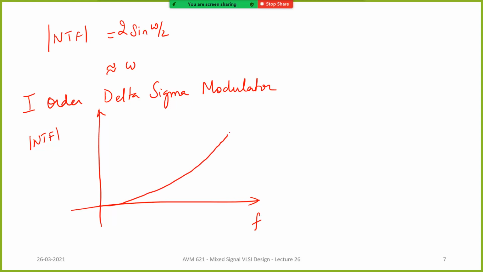This is how your noise transfer function will look. And what are we going to do? We are going to put a low pass filter here. So now what is happening here? Let me draw it a little more clearly so that we can appreciate it.